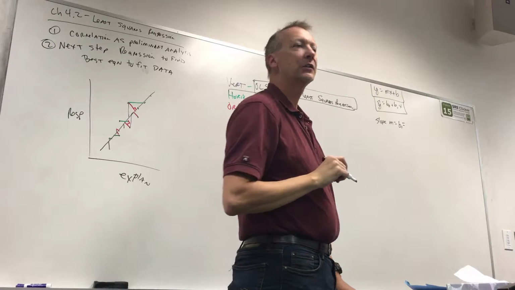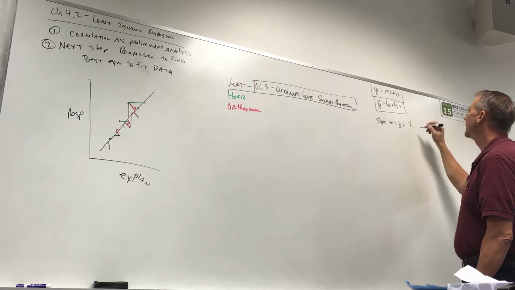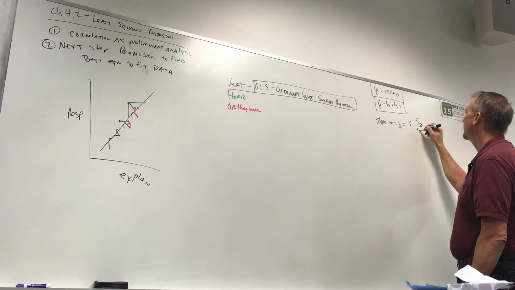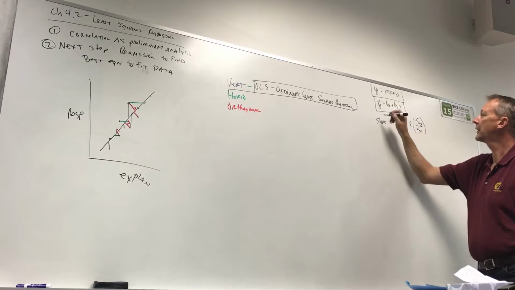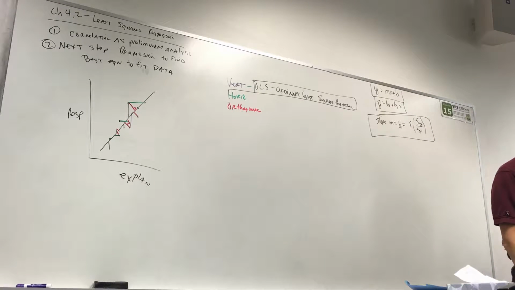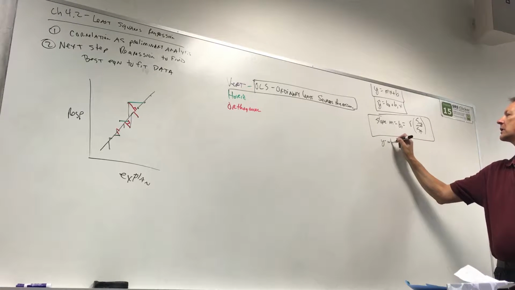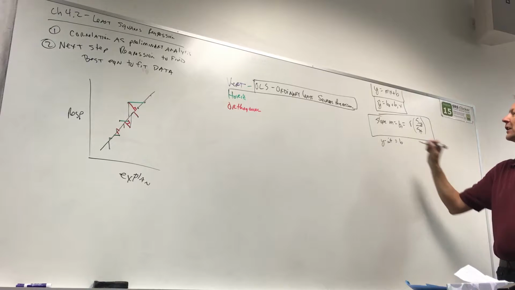Okay, so the way that we find the slope is r times s of y over s of x. That's your new equation today. You're probably used to a different slope equation. We'll talk about that one later. Your y-intercept, you're used to calling it b.